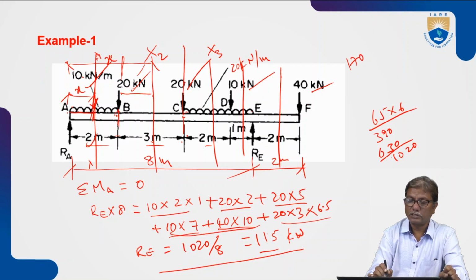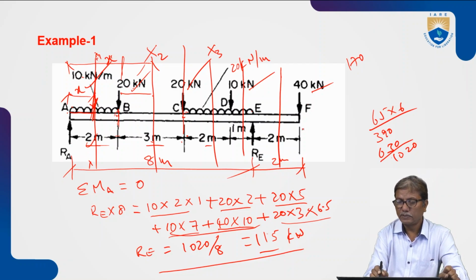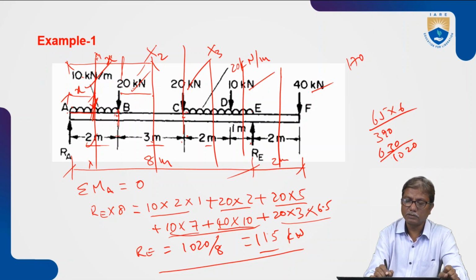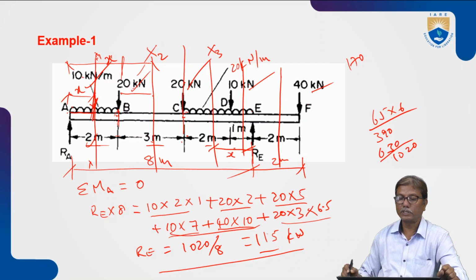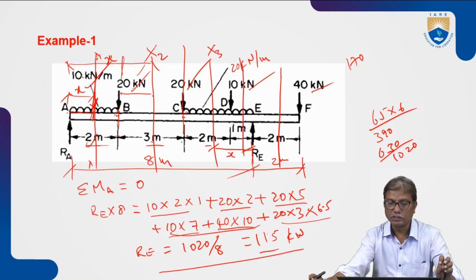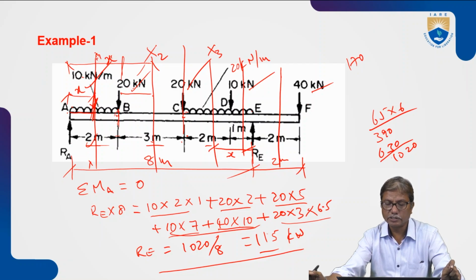You can consider the origin either from A or from F or from E. Let us consider the origin from E. The origin for this section X3 is from E. The right hand side we are considering now.